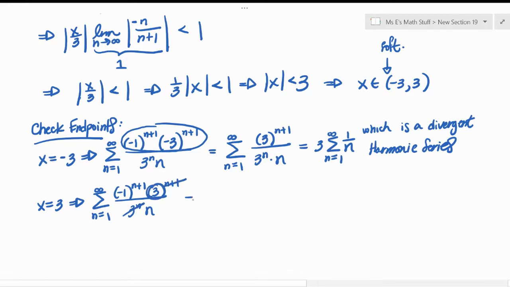And then from there, I factored the 3 out. And I was left with an alternating series. The non-alternating part is 1 over n, which is always positive, always decreasing, and approaches 0. So this is a convergent alternating series.